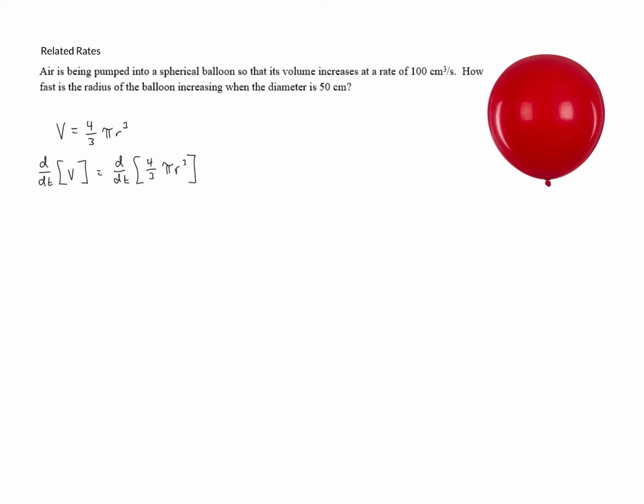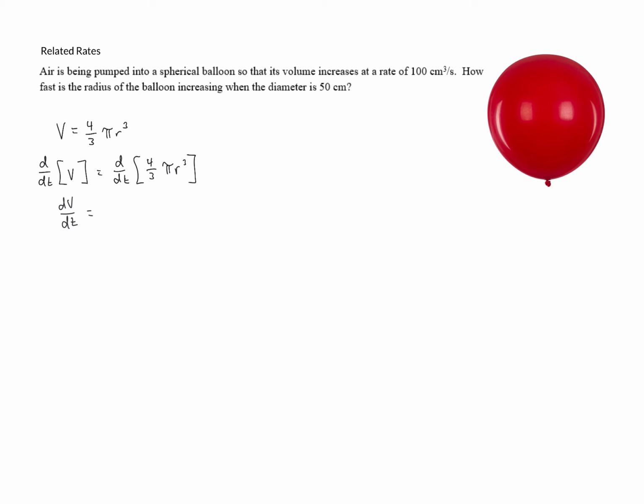And we're remembering that volume and radius are both functions of time. So when we differentiate the left, the derivative of V with respect to t is just dV/dt. That's how we write the derivative of volume with respect to time.